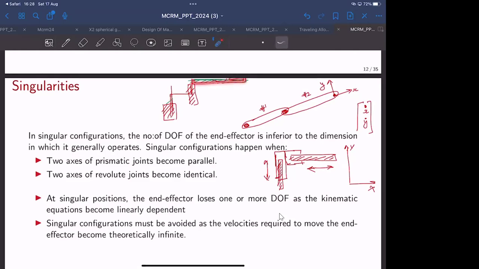This arm will rotate about this axis, right? So it'll rotate about a larger circle. And if you rotate this arm with respect to this axis, it will rotate about this center.